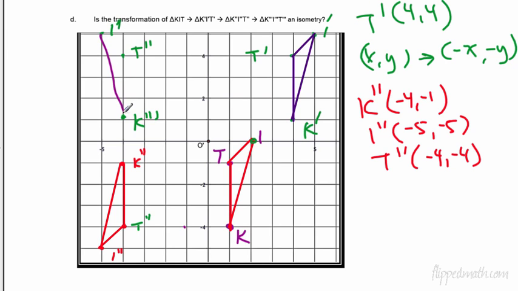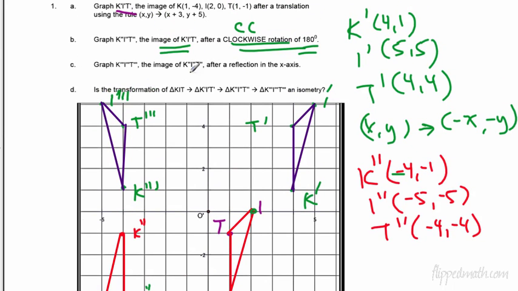We'll go purple. These are all of the triple primes. And that does part C, and notice they don't overlap each other.